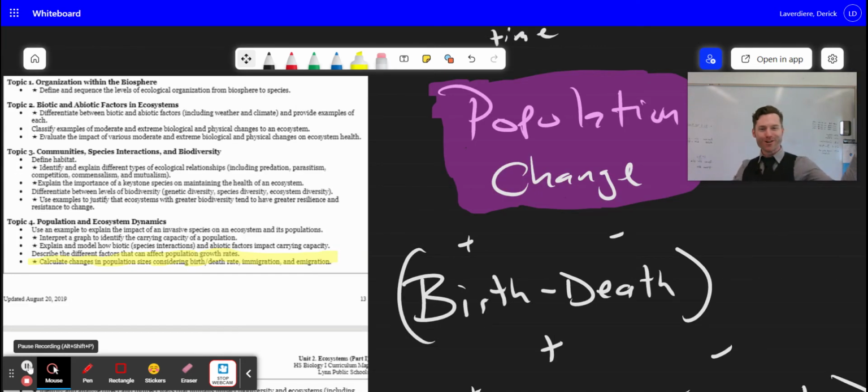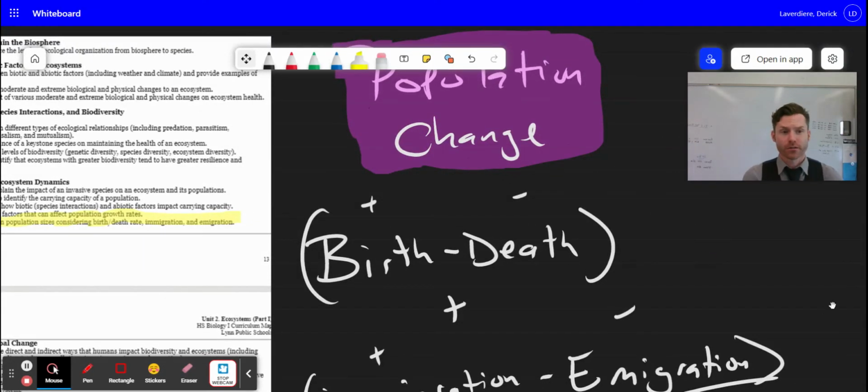Next bullet point, calculate changes in population size considering birth and death rate, immigration and emigration. Right. So we're just calculating the change in a population size. Right? So maybe I start with 50 banana trees, and by 2042, I have 53 banana trees. My population grew by 3 banana trees.